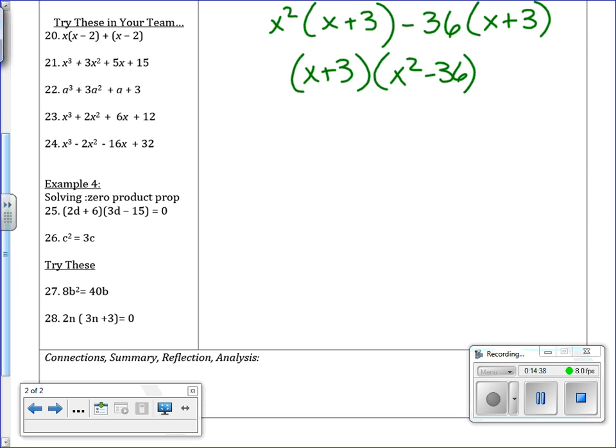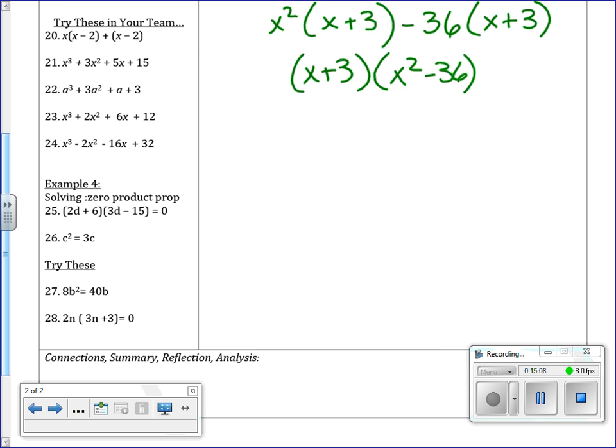I'm going to go ahead and move on to the zero product property. Now this is pretty cool. I mean, I think it's pretty cool. You might think it's not, but I have 2d plus 6 in parentheses times 3d minus 15 equals 0. So this is what it means. Remember our zero property of multiplication? That's probably the one property that we all thought was the easiest because it's like anything times 0 is 0.